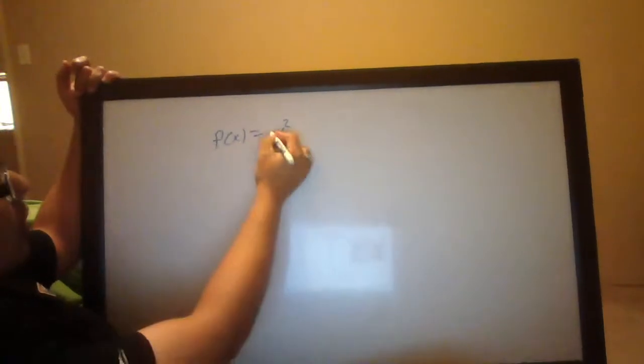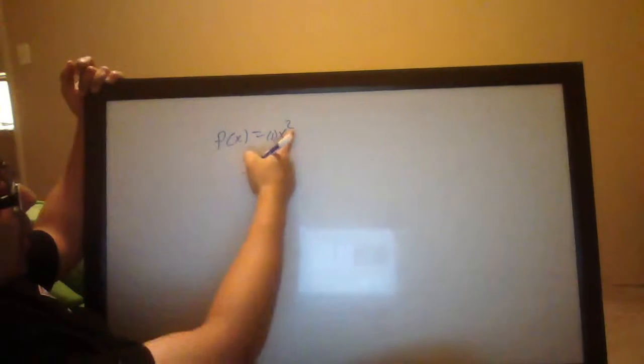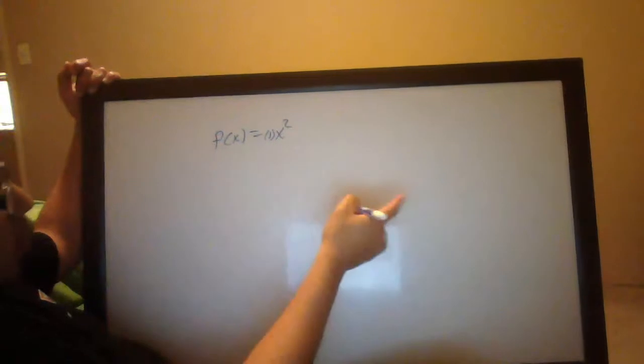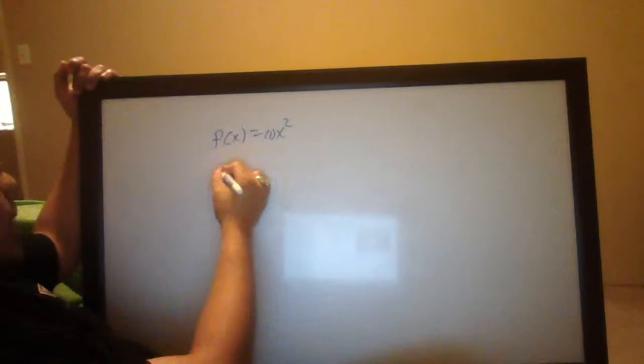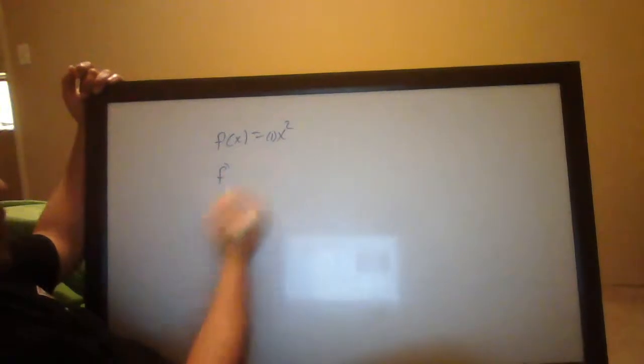So right here we have a 1. So you multiply the exponent by the constant and then drop the exponent by 1, or subtract 1 from it. So f prime, now the prime right here indicates a derivative, okay?